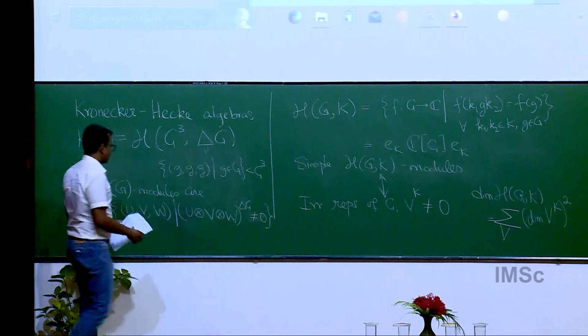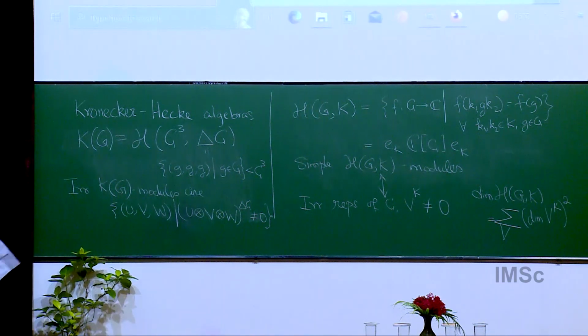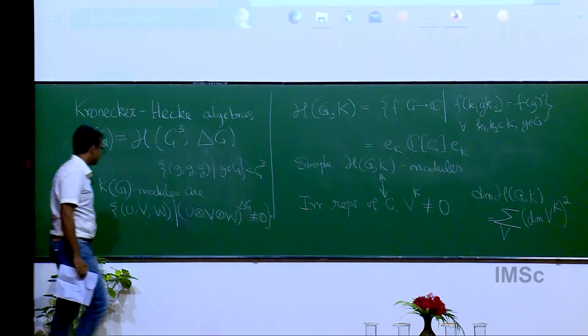Okay, and now I'll explain the connection with Kronecker coefficients.